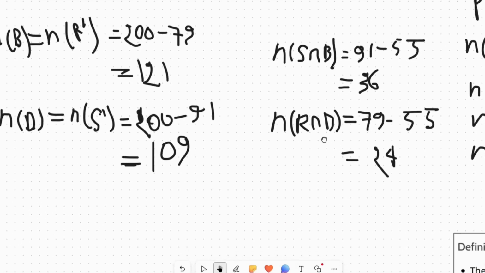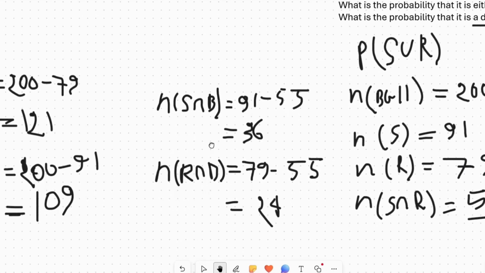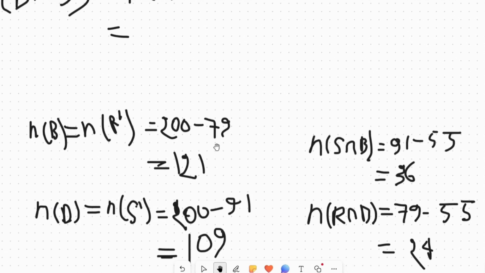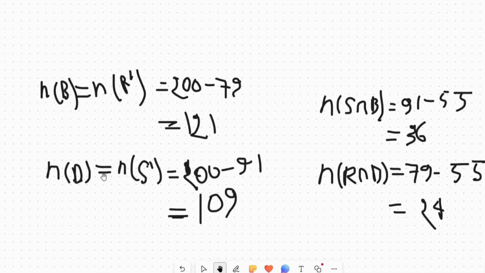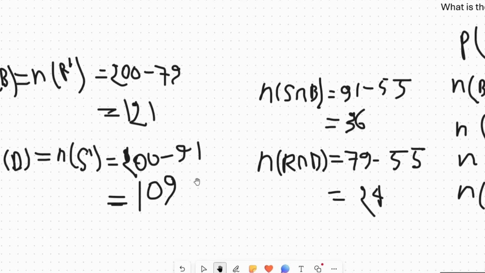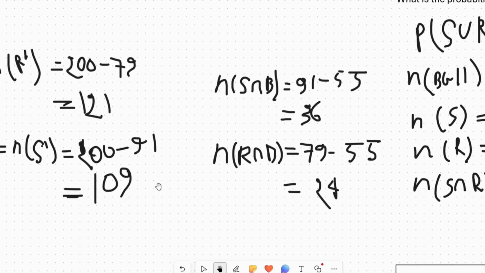Dull union blue. The total number of blue balls is 121 and dull balls is 109.